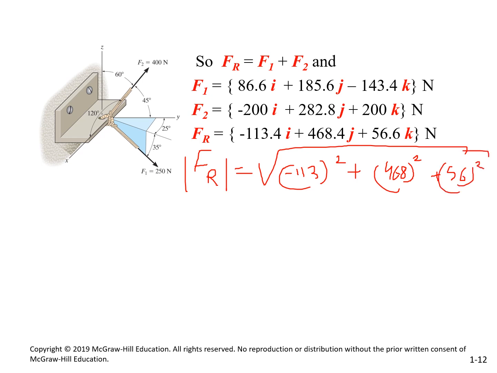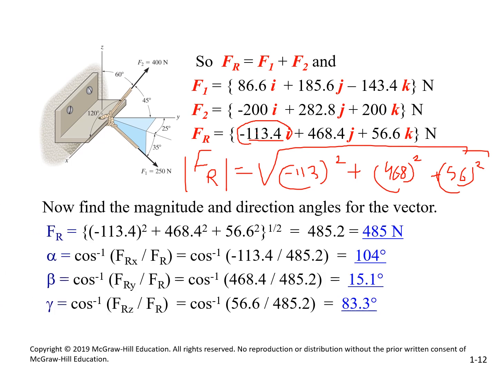Now, if you have the magnitude and you have each component, I can find the angle with the x-axis by saying, give me cosine inverse, this value divided by the magnitude of the vector itself, the entire magnitude, and keep the signs. So you can find alpha, which is the angle with the x-axis, beta, the angle with the y-axis, and gamma, the angle with the z-axis.